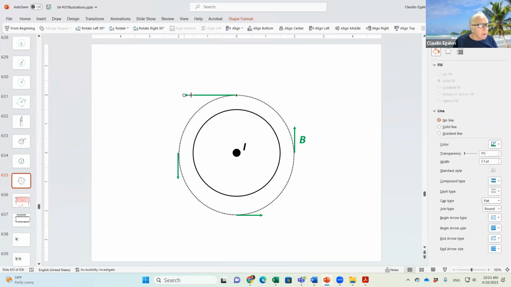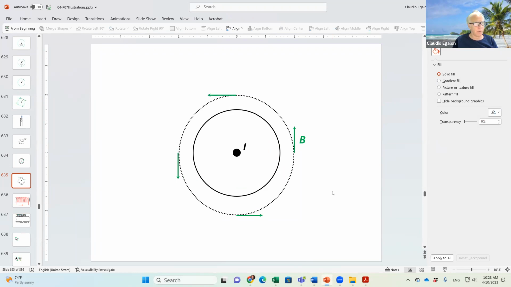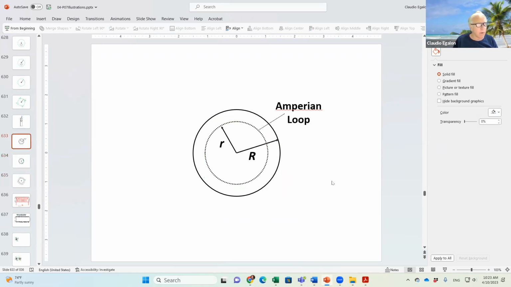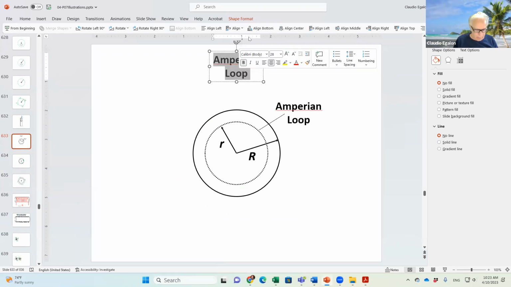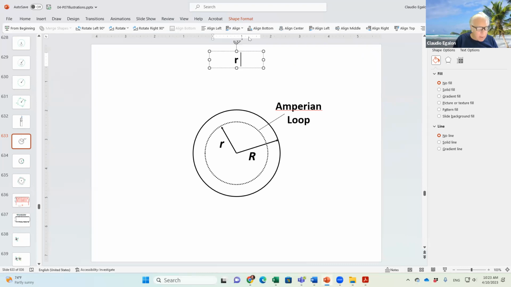I have to shrink it a little bit. Okay. R greater than big R. I'm going to put it here. I hate that. Big R. Okay, go. No, less. This one is less.